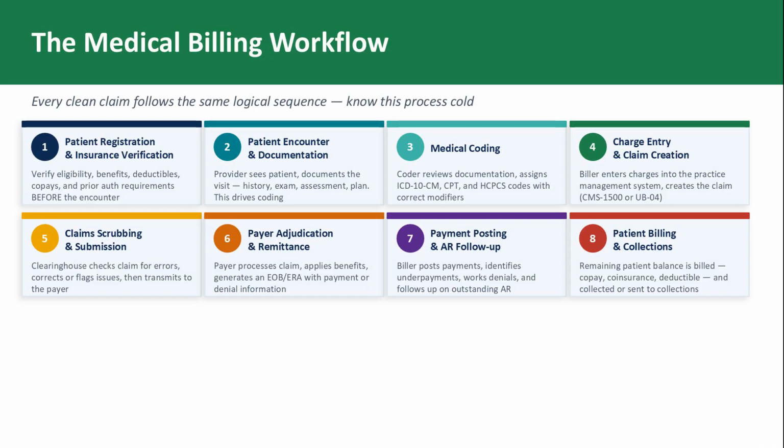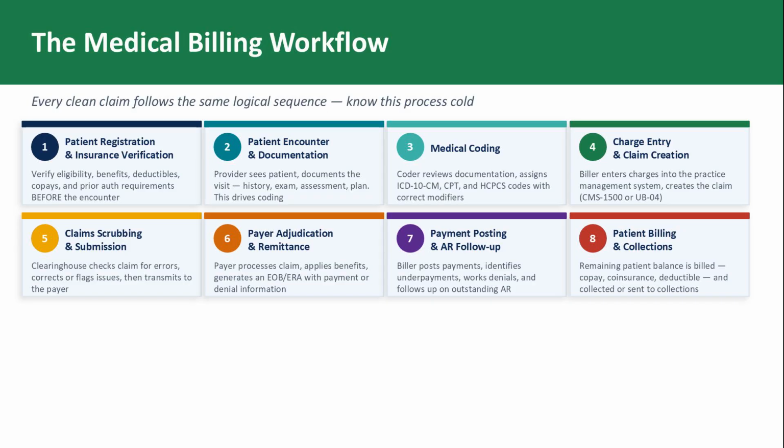Clean claims are transmitted to the payer electronically. Flagged claims are returned for correction. Step 6. Payer adjudication and remittance. The insurance company processes the claim, applies the patient's benefits, and generates a remittance, either an electronic remittance advice, or ERA, or a paper explanation of benefits, the EOB.